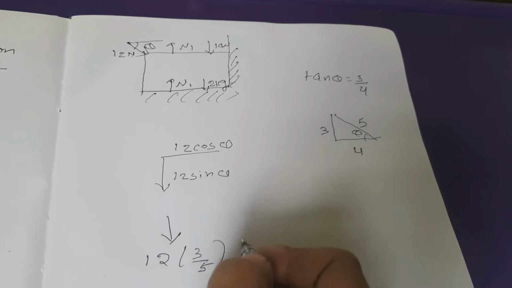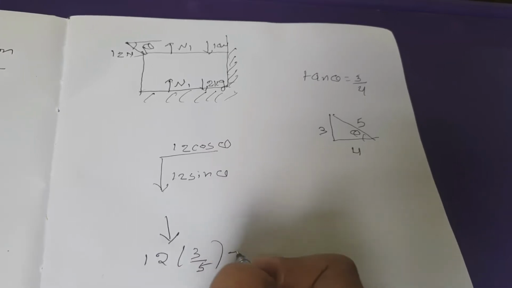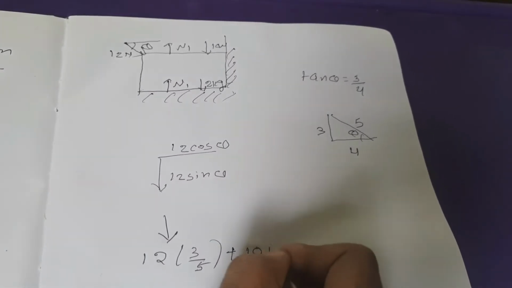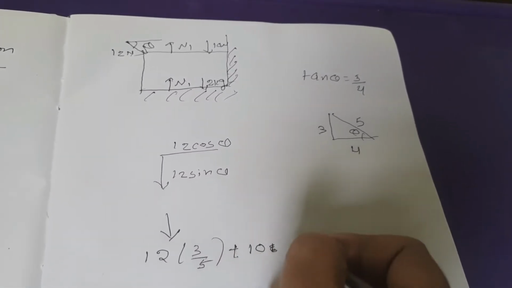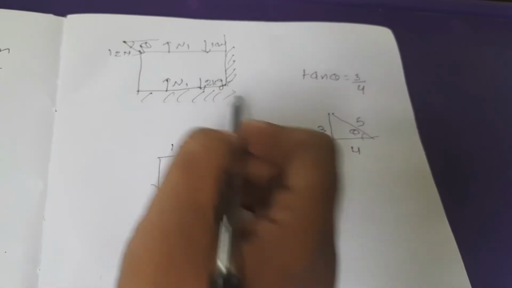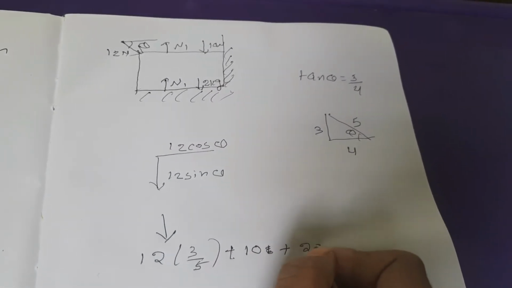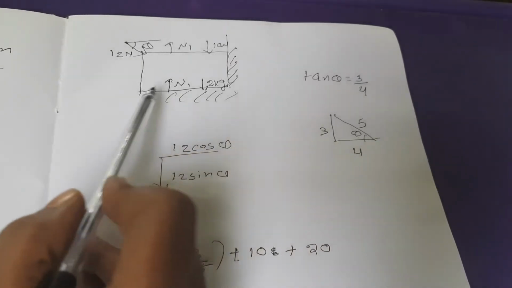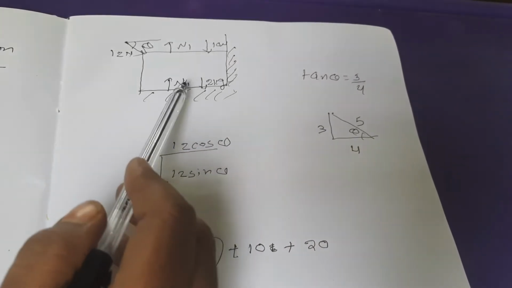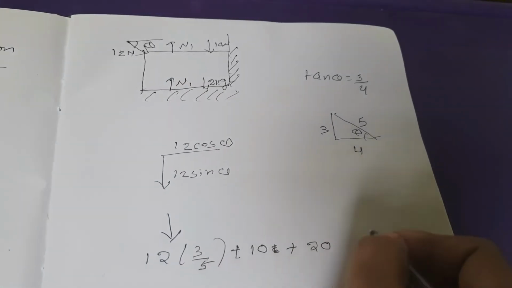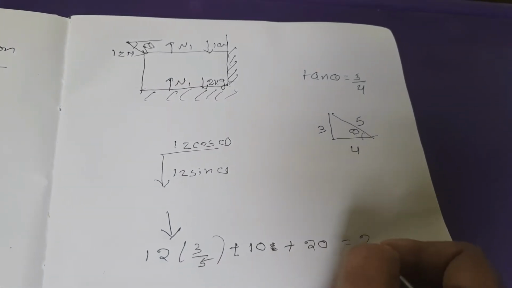All downward forces I am adding here, plus 10 newtons acting downwards, plus the weight of 2 kg, which is 2 into acceleration due to gravity 10. But upward forces, only two are there, both acting upwards. So N1 plus N1, 2N1.